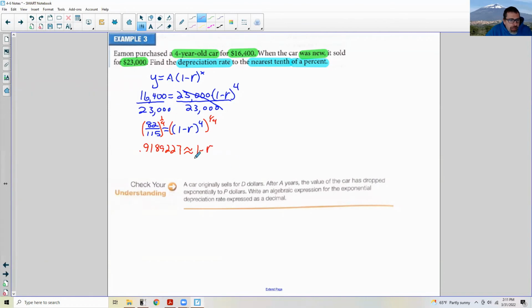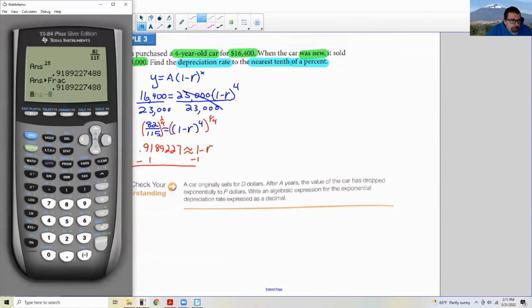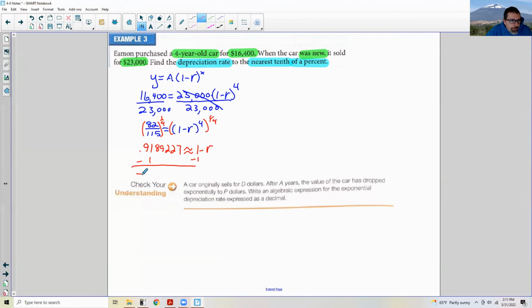And then to get R by itself, I'm going to subtract 1 from both sides. So in my calculator, I just hit -1, enter, and I get a negative 0.081 equals a negative R. Multiply both sides by -1, and we're going to get 0.081 is approximately equal to R. Okay, so that is going to be 8.1%.